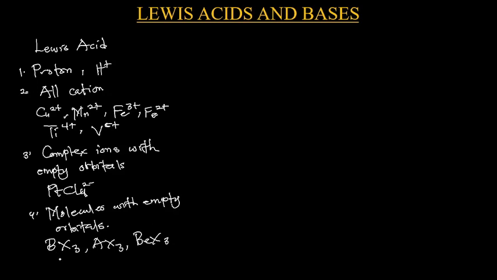In this case, the X can be hydrogen or a halogen, such as chlorine, fluorine, or iodine. Any of these species could fit in for X, okay? And then the central atom, which is boron, aluminium, Al, or beryllium, all these are capable of having empty orbitals, okay? Now, what about Lewis bases?